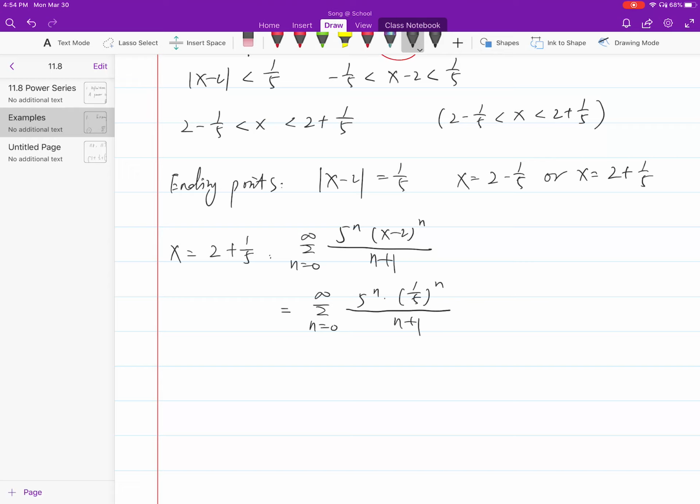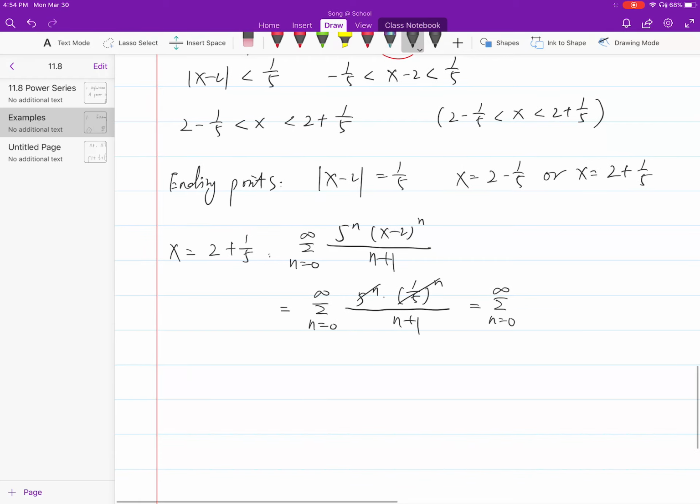You can see this one and this one cancel each other, which leaves nothing but this. Is this one convergent or divergent?